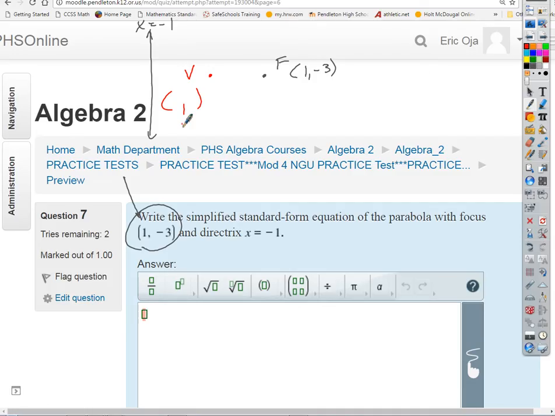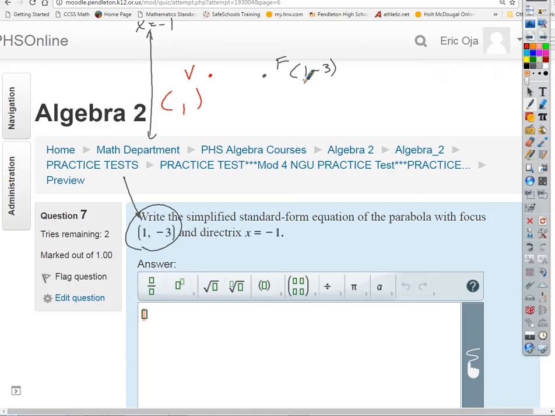We want to know what the values are there. Does the vertex line up horizontally or vertically with the focus? Horizontally. So which of these 2 coordinates has to be the same, the height or the amount that we've scooted over?